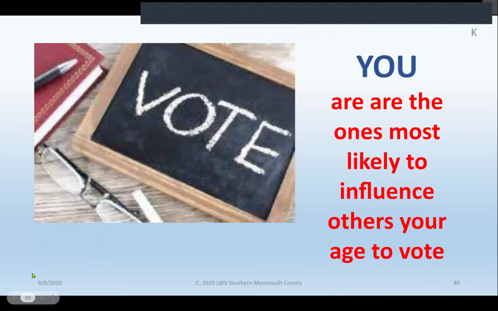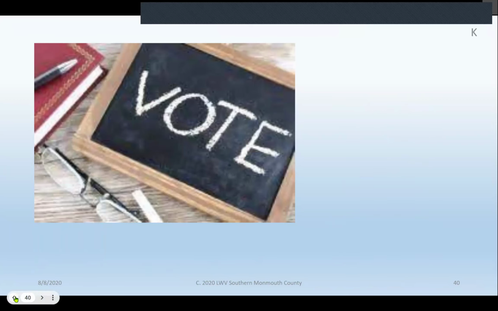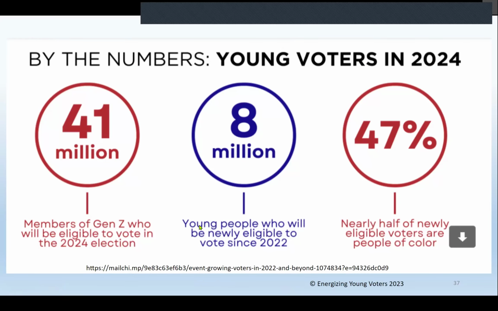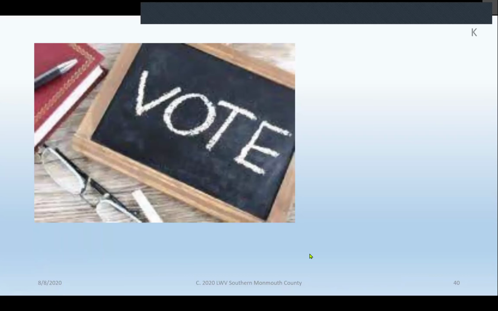And the other thing that I should say that's not on the screen, and I may add it, is that in this election, the percentage of 18 to 24-year-olds that are eligible to vote is 48.5%. That's almost a majority. So if they turned out to vote, they would have a huge impact. And the next presidential election, 2028, they will be the majority. And the majority within that group will be people of color, because whites will no longer be the majority.